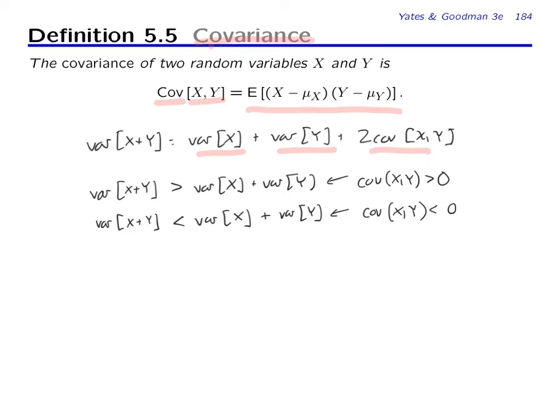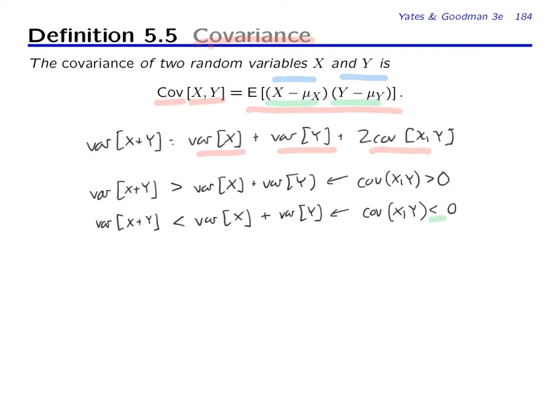So it's important to understand kind of what is happening with covariance. When covariance is positive, what we see is that when x is greater than its mean, it tends to be that y is greater than its mean, because the covariance is positive if generally this product term is positive. On the other hand, you can have negative covariance, which means that the product of the x term and the y term tends to be more often than not a negative number.